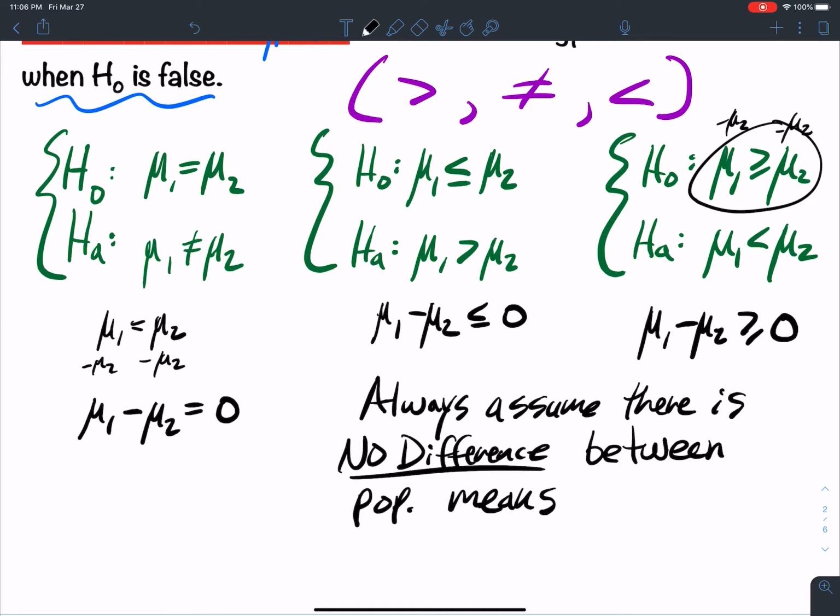It's really small. Then we conclude, therefore we reject the H0 and we say what? We say that the alternative has to be true. There actually is a difference, okay? So we start with the H0 assuming that there's no difference, right? So we're just saying that there potentially might be a difference, all right?